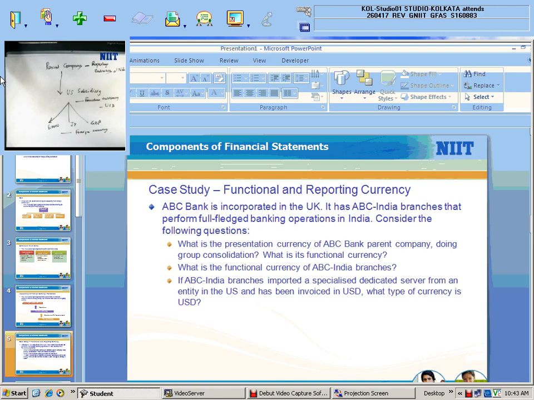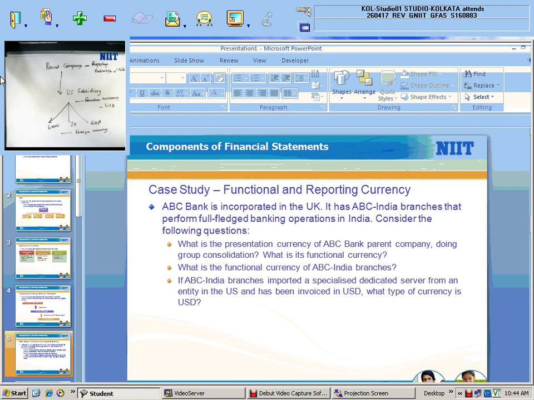Now if a branch of ABC India branch imported a specialized dedicated server from an entity in the US and it has been invoiced in US dollar, the US dollar is a foreign currency for the ABC India branch. So for the ABC India branch, the functional currency is Indian rupee because they are operating in India. The branches are operating in India, doing banking operations in India.